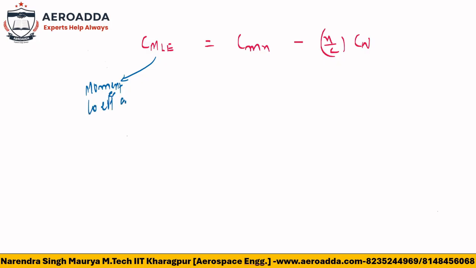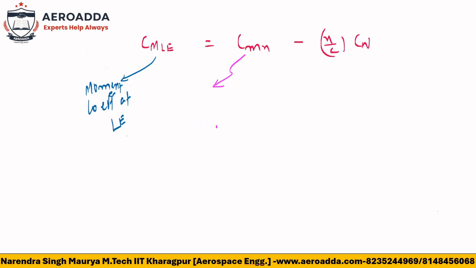So if I say CMLE is equal to CMX minus x by c into Cn, we just define all of these. CMLE is the moment coefficient at leading edge.